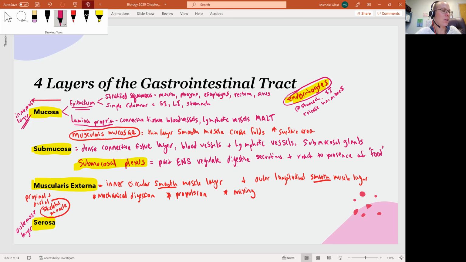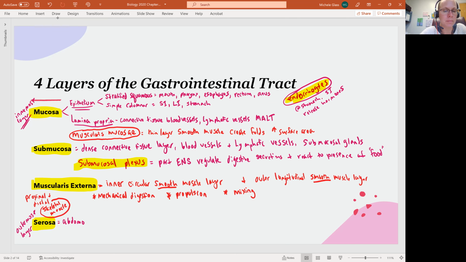The outermost layer of the GI tract is called the serosa, and we're going to find this in the abdominopelvic cavity. Meaning as we trace through that tract, we're going to see this once we enter the abdominopelvic cavity.